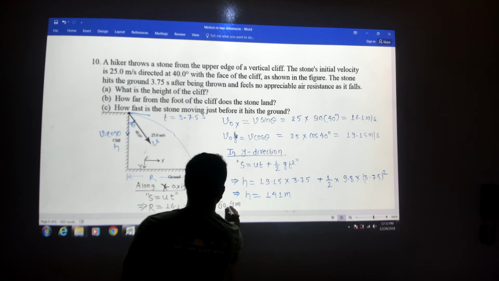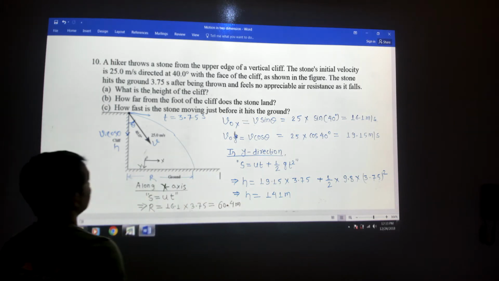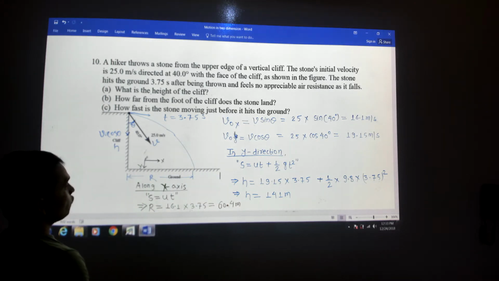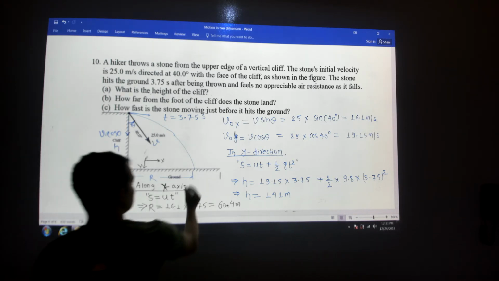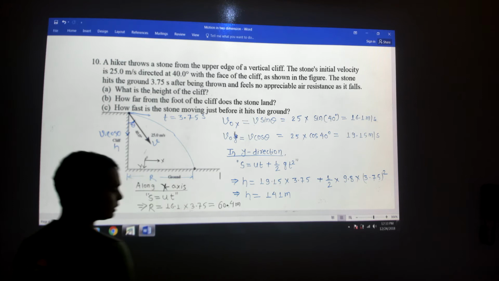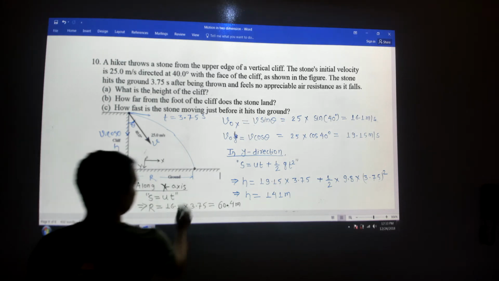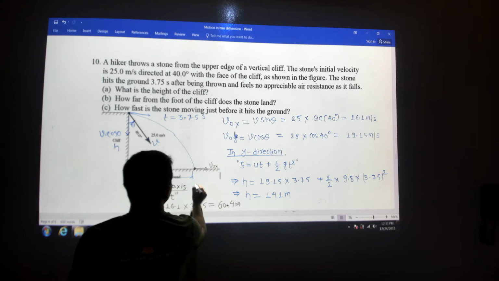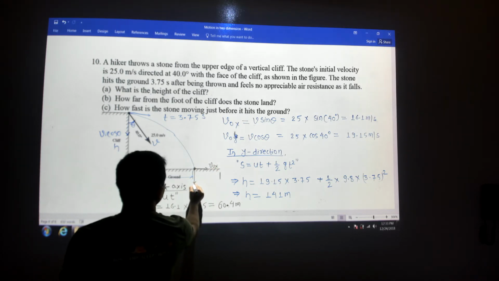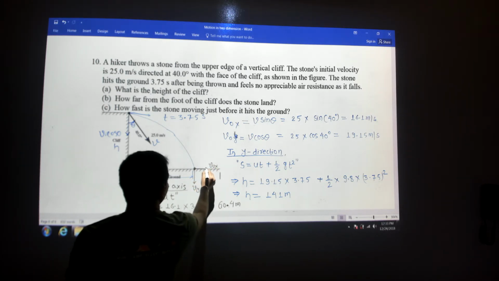Okay. Now it is asking how fast is the stone moving before it hits the ground. When it hits the ground, what is the total velocity? Remember, this has the horizontal velocity v0x, and this has the vertical velocity vy, and the total velocity is the vector sum.